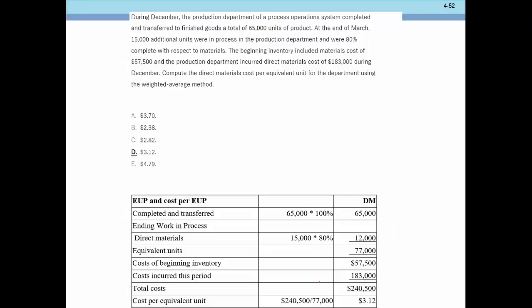Okay. Now you come over and take a look at this one, and it's the same fact pattern, but now they're asking me for the conversion cost, aren't they? Huh? Why does it say the same direct materials again?